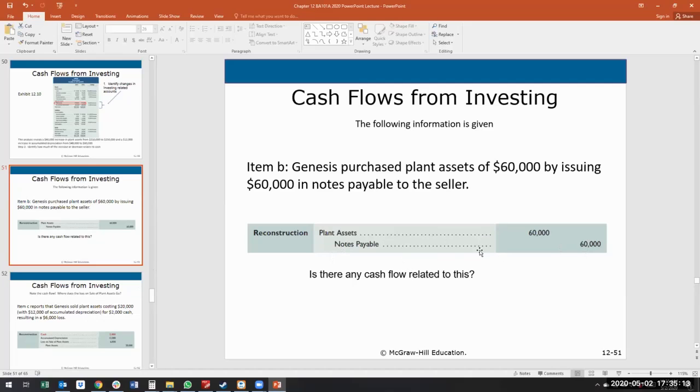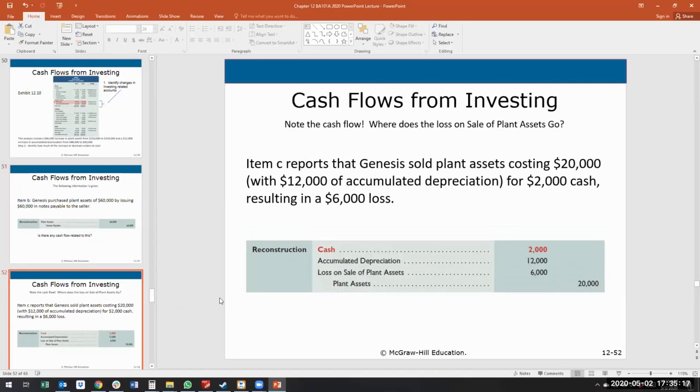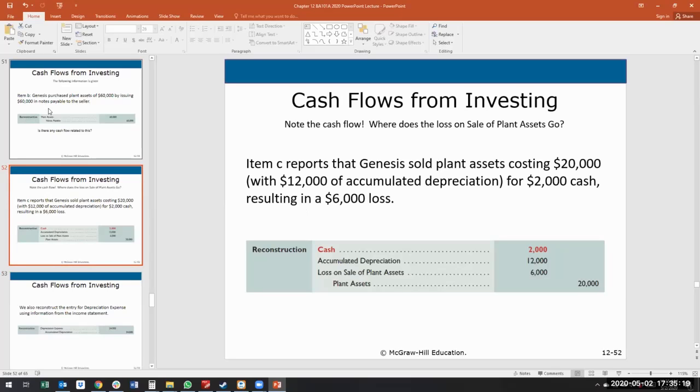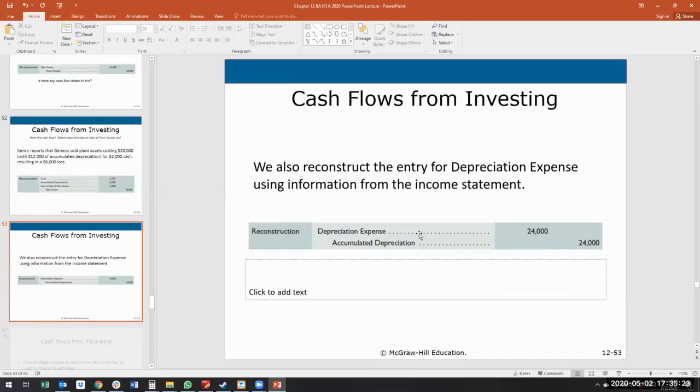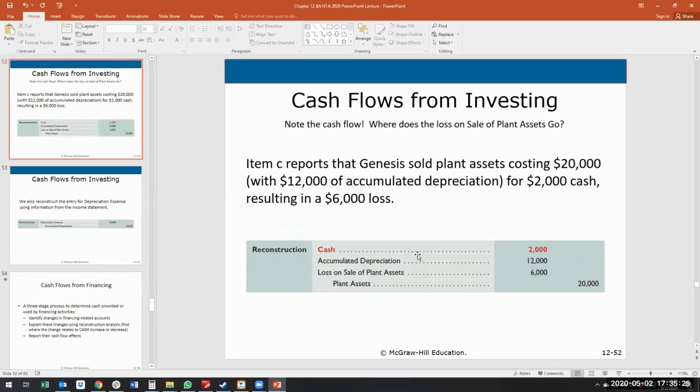In this situation, there's no cash flow related to this matter, right? And then item C, we find out also reports that we sold plant assets, which resulted in a loss, right?